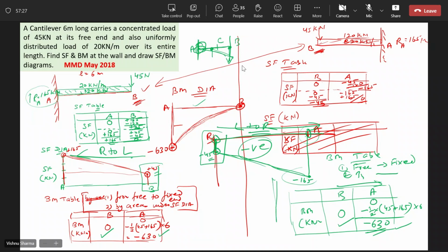You see, this is the fixed end. I calibrate the axis here. This fixed end is A, free end is B. It is 0 at B and minus 630 here. And the shape is exactly the same. Both the shapes are same. Have you understood, class?